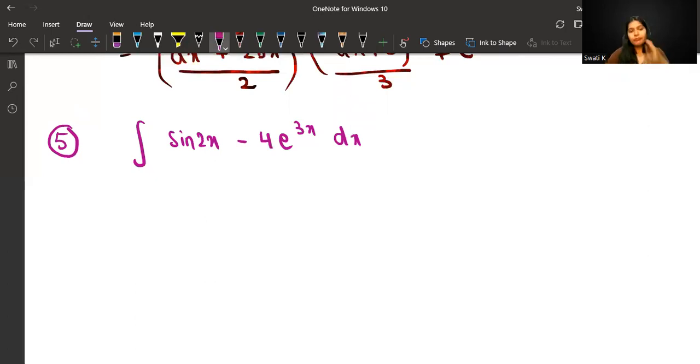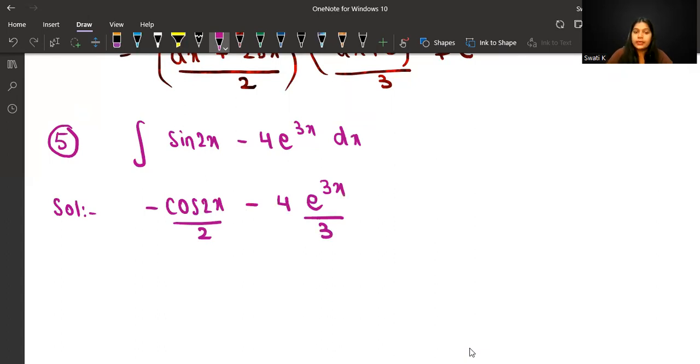Now, very simple. We have already solved this. If you integrate sine 2x, it will become minus cos 2x upon 2, right? Here, if you integrate, this will become 4 outside because that's a constant. The integration of e raised to 3x is e raised to 3x upon 3, and then plus constant of integration.